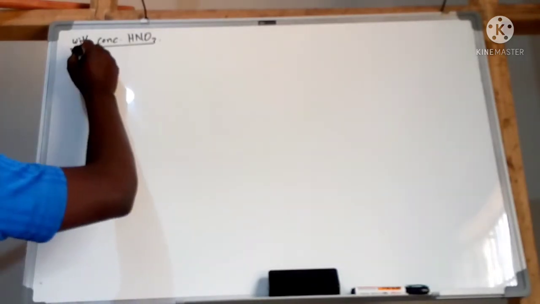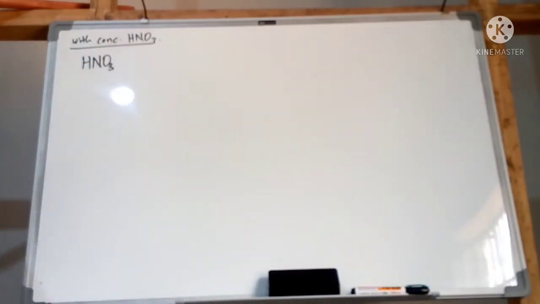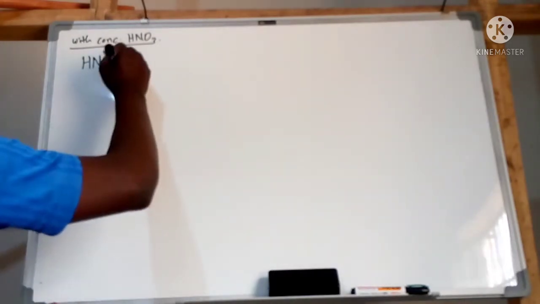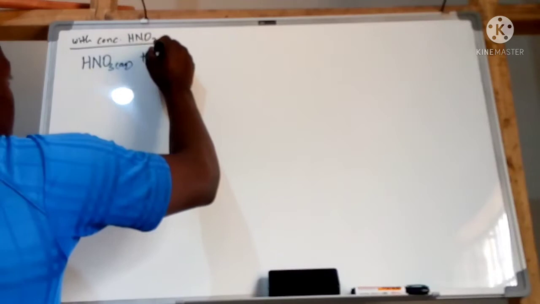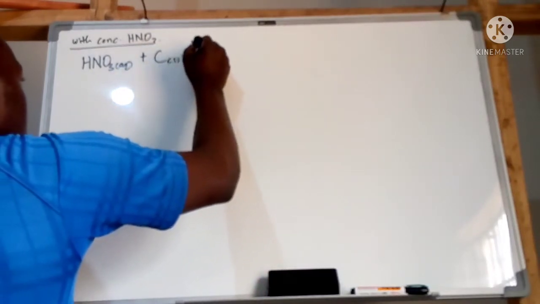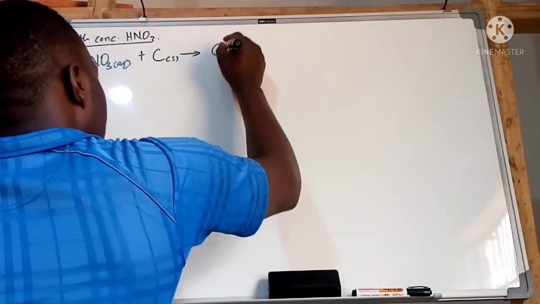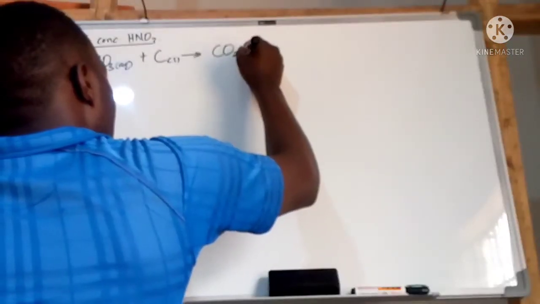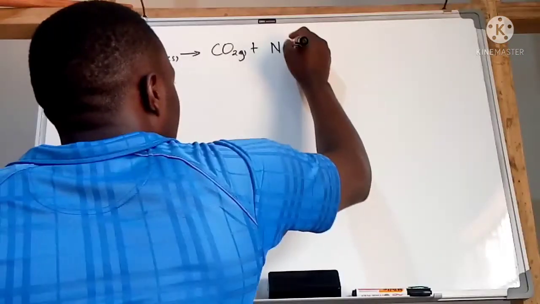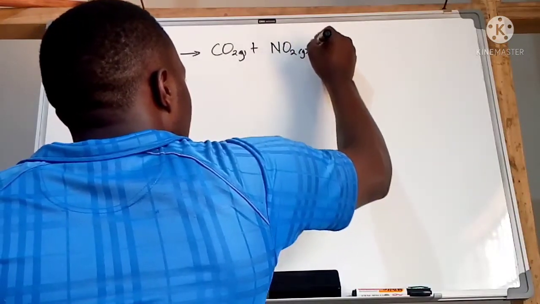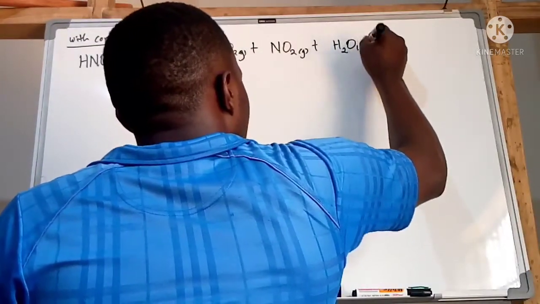So nitric acid, because it is concentrated, you can represent it with the state aqueous or liquid, plus carbon. Carbon is going to be oxidized to carbon dioxide. However, the carbon reduces nitric acid to nitrogen dioxide and water, which is a liquid.